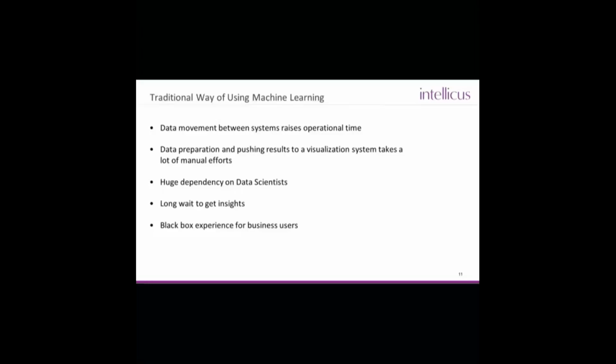Even after the predictive numbers are generated, it still takes a lot of manual effort to get the results to the appropriate visualization systems so that the business users can actually understand the outcomes of all these machine learning algorithms. So that means that the business users, the leaders of the organizations, could have a very long wait time before they actually get access to very critical insights so that they can make decisions.